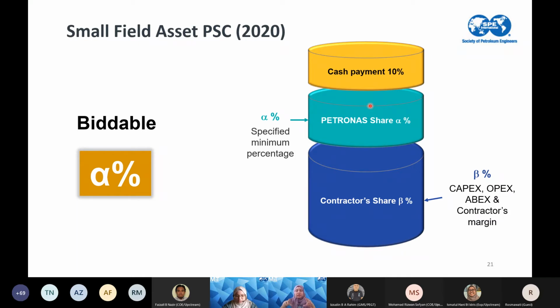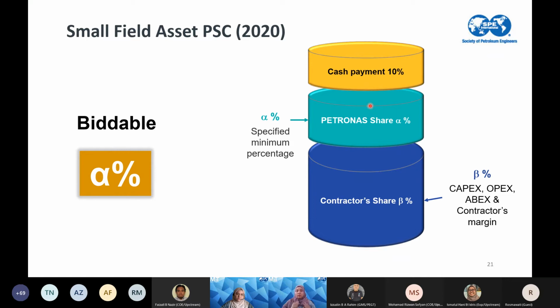And then the remainder is for the contractor to take home. Okay, it's relatively simple because then contractor doesn't have to figure out how much am I going to actually take home today, right? The challenge with the previous PSCs is it depends on so many things: your revenue, your costs, your ROVC, all those kind of stuff, right? So this way, upfront, if I produce 10 barrels, I get to take home 7 barrels, and I can manage my cost from the 7 barrels.